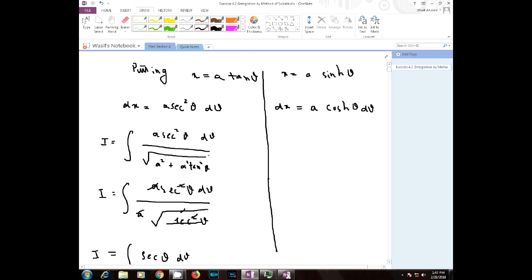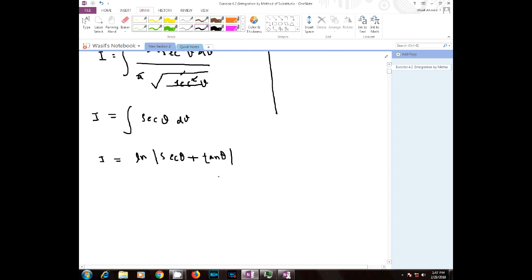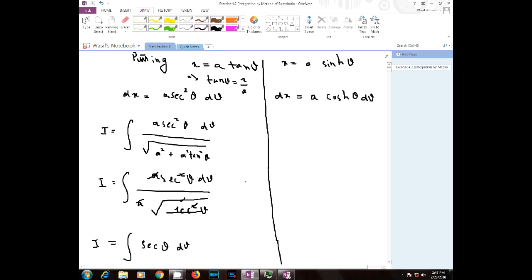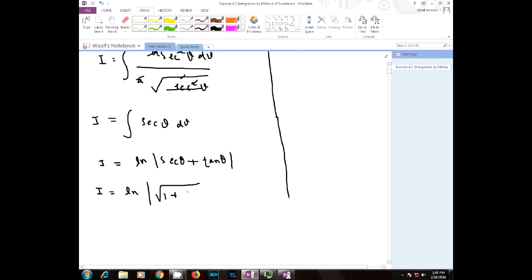Now you have to make the back substitution. x is equal to a tan theta, therefore tan theta is equal to x divided by a. Put it in here, you would get ln secant theta, which is square root 1 plus tan square theta, and tan theta is equal to x divided by a.